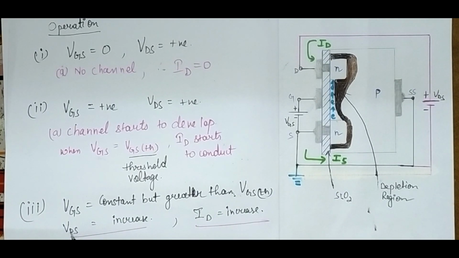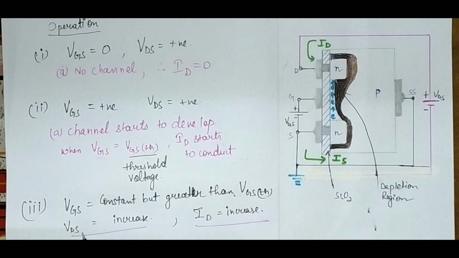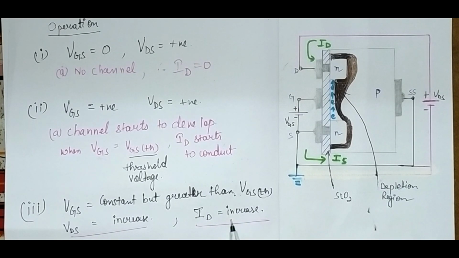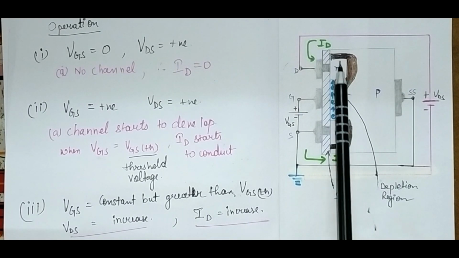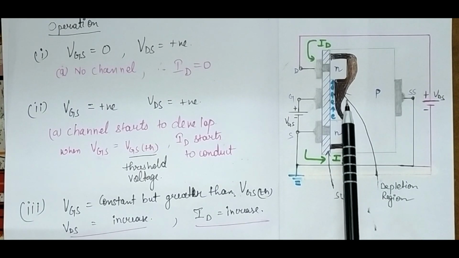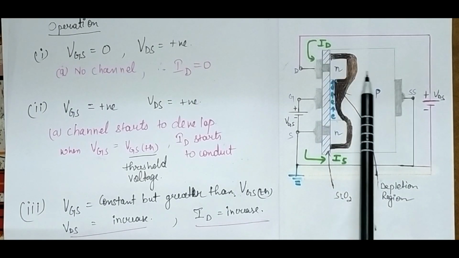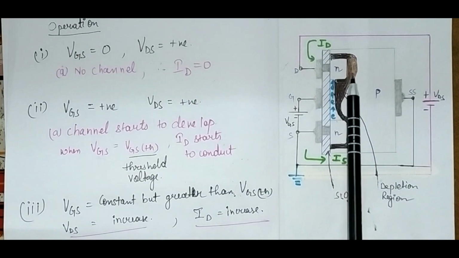Then we will start increasing the value of VDS. The current will start increasing, the drain current ID will also increase, and the depletion region will also increase, and the depletion region towards the drain will be more. Why will this happen? Because the drain and the substrate junction is reverse biased.